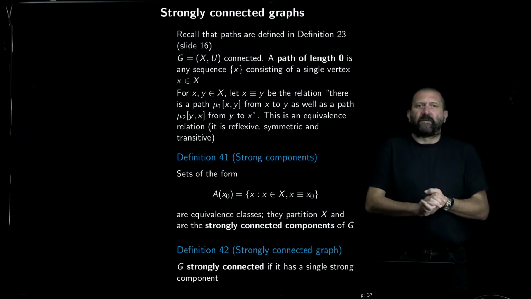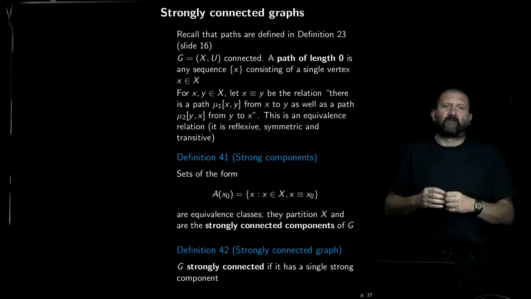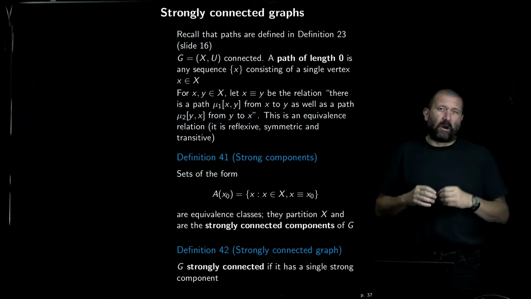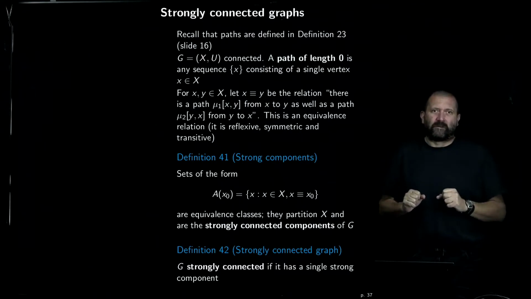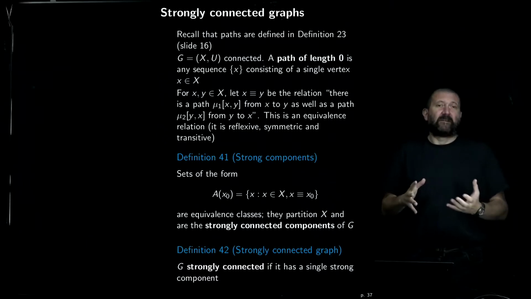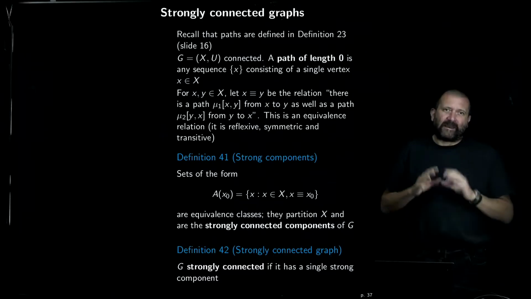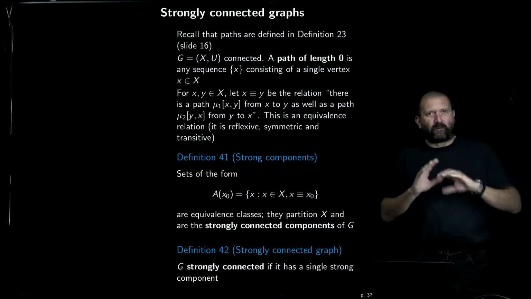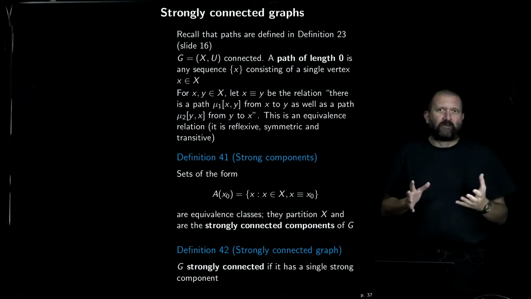In the previous video, we took a look at a variety of topics, but that mostly dealt with undirected graphs. We looked at connectedness in a general sense. Here, what we are going to do is look at the directed graph point of view.